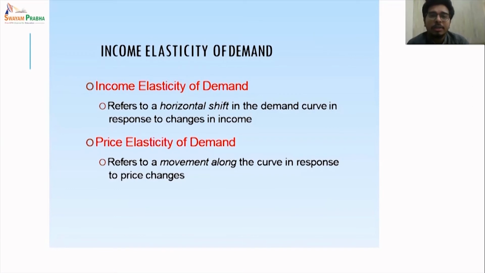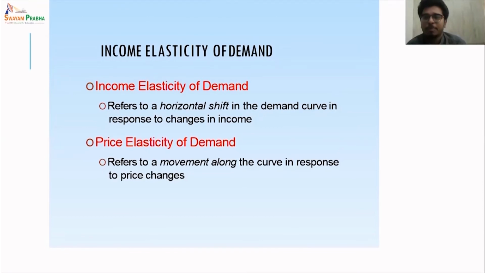What you can also observe is that income elasticity of demand refers to a horizontal shift in the demand curve in response to changes in income. Why? Because we have learned that when the price is changing, the quantity demanded change happens along the demand curve.